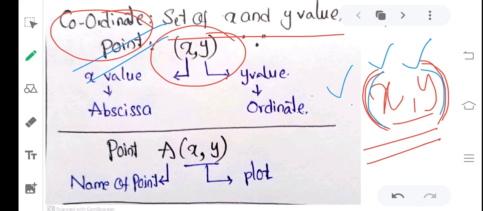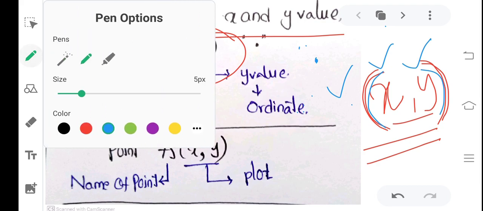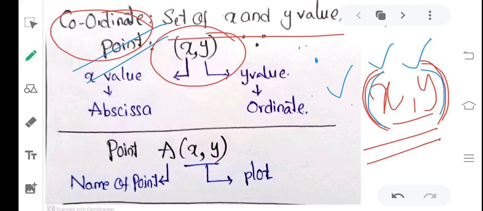In our lower standards already you learned the definition of a point. According to our point of view, a point is a dot. Mathematically, the basic definition is: a point is a basic element of geometry which has negligible dimensions.